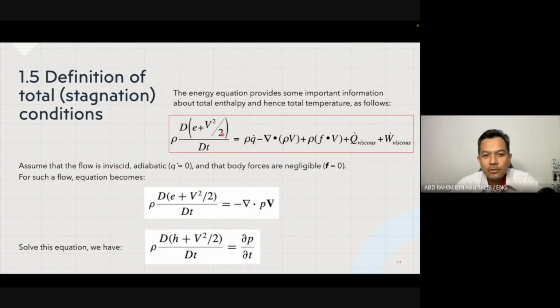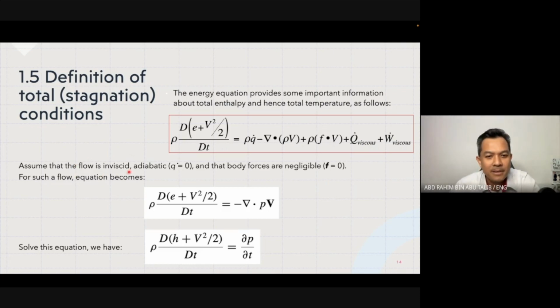Okay, so then we look into the energy equation. The energy equation provides some important information about the total enthalpy, H0, and hence the total temperature, T0, as follows. So you can have the expression here. I don't think I need to pronounce every single expression, where we assume that the flow is inviscid.